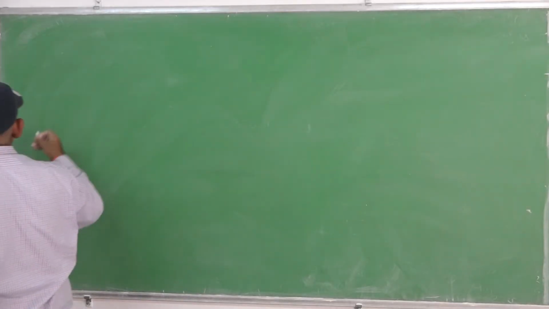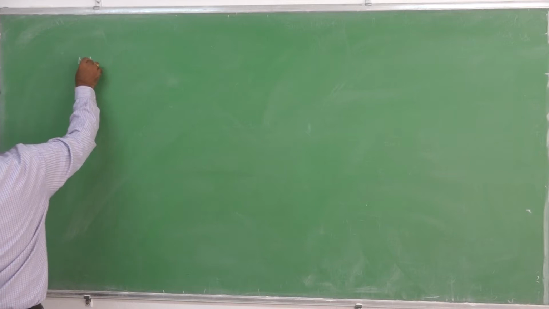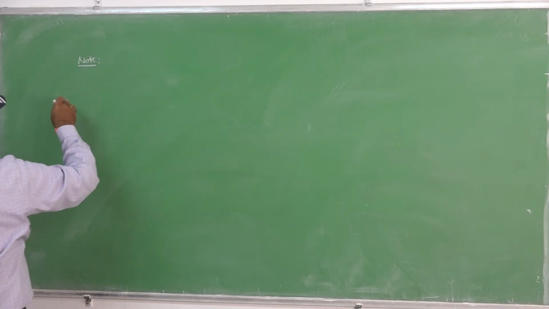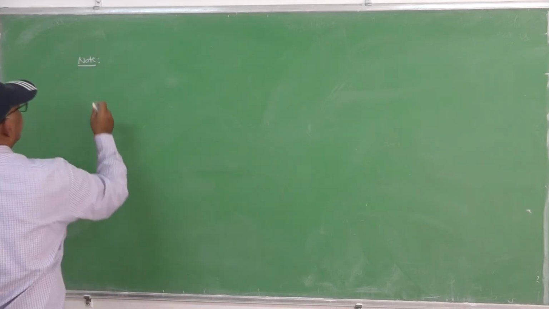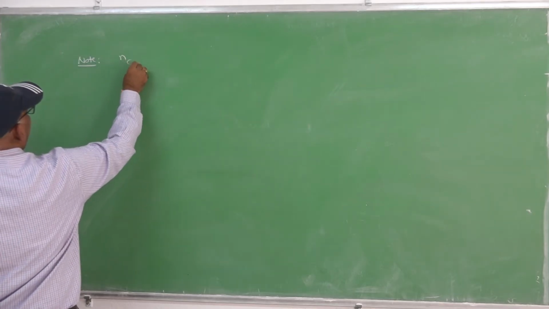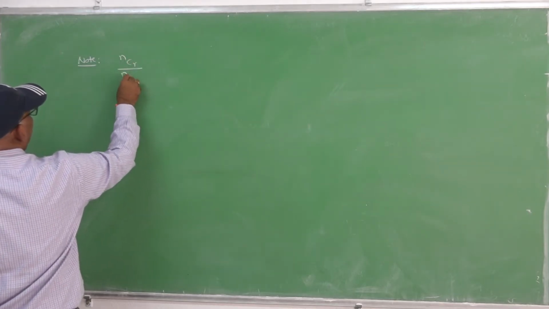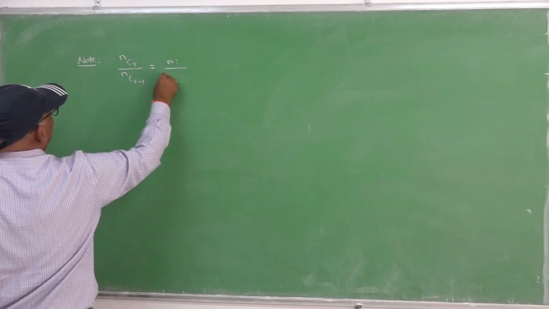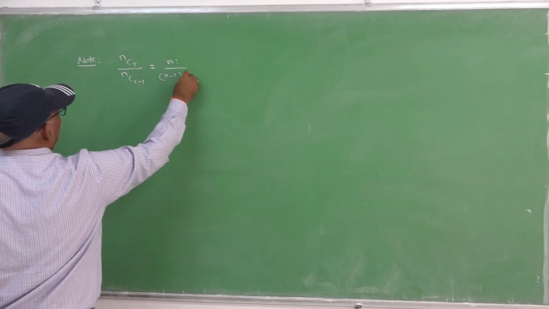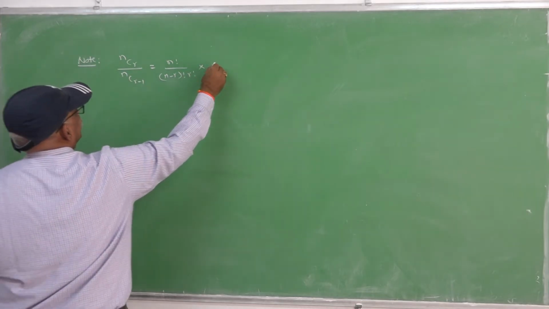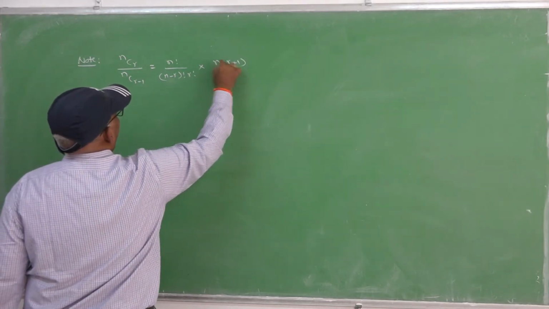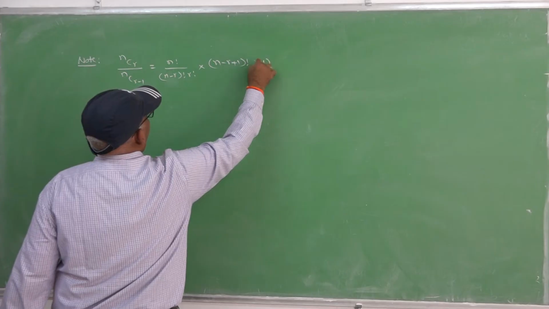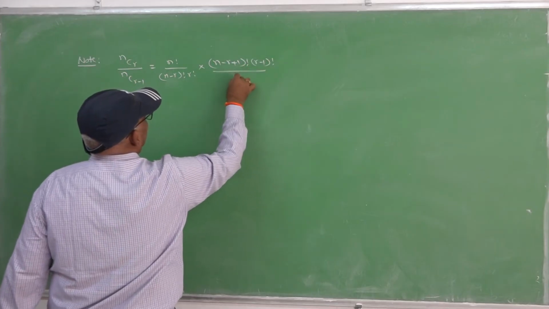Let us take this one as an important point. nCr by nCr minus 1. That is n factorial by (n minus r) factorial into r factorial, into (n minus r plus 1) factorial into (r minus 1) factorial by n factorial.